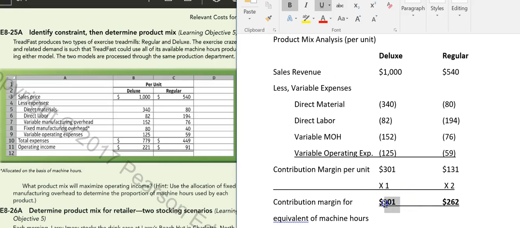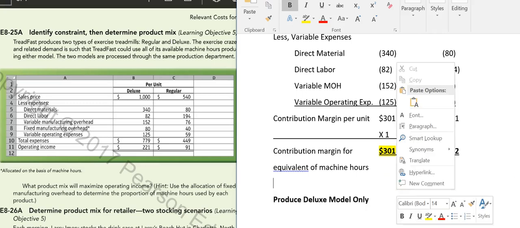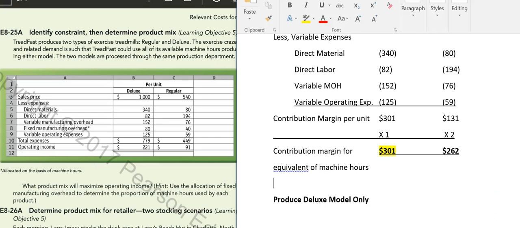So if you really would like to produce only one model, produce the deluxe model only, if you want to maximize your profit. That's our decision from this product mix problem.